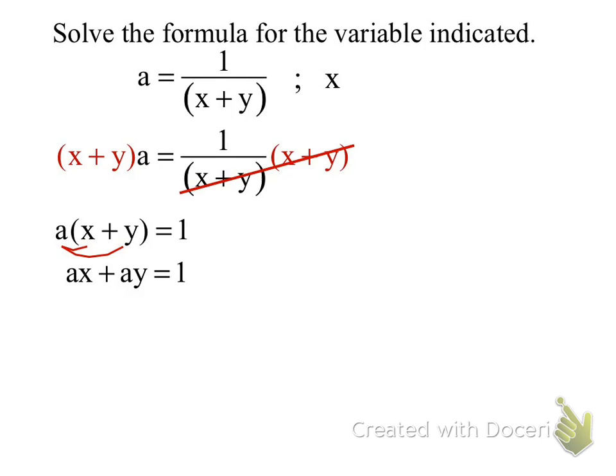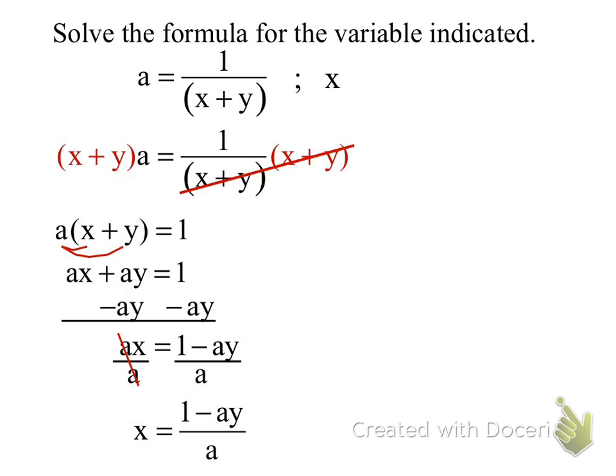Now what are we going to do? Subtract. Yes. Subtract the AY from both sides. And then I'm left with that AX, so I'm going to divide it out by A. And X equals 1 minus AY over A.